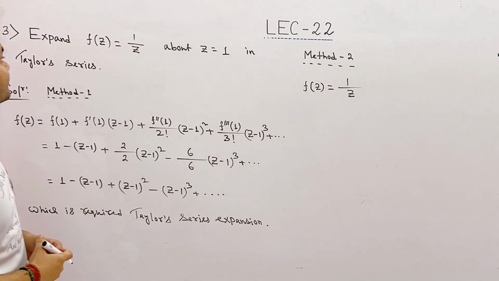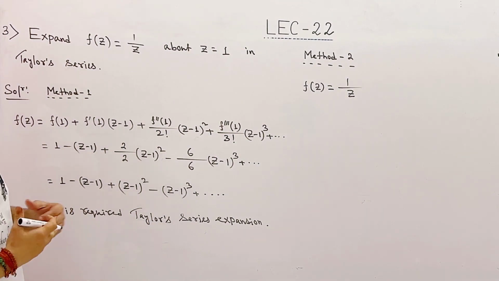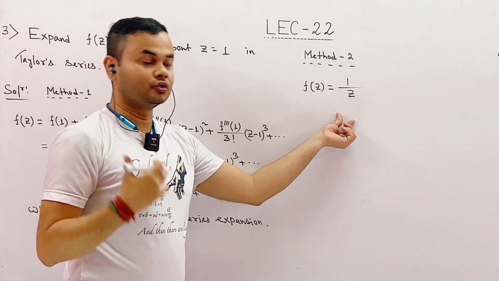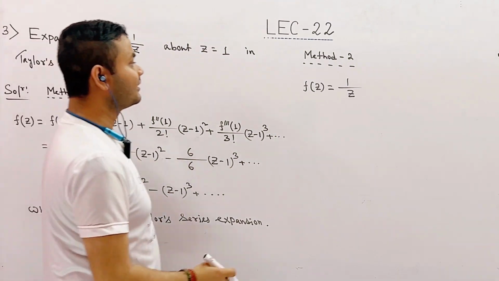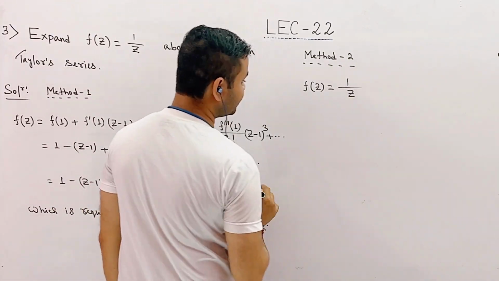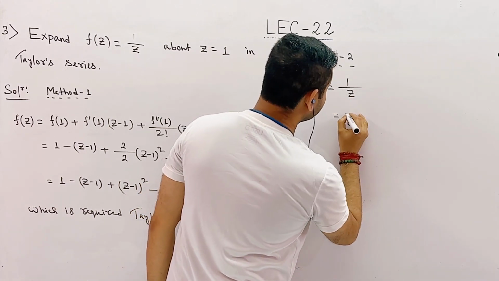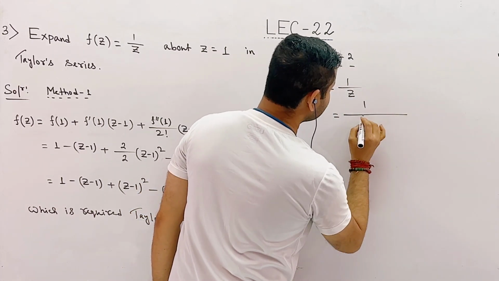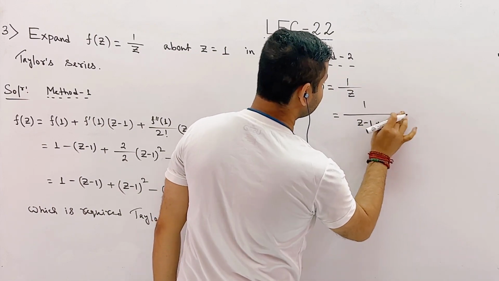Since we need to expand this function about z equal to 1, the expansion should contain the powers of z minus 1 only. So, first let us rearrange this denominator. This denominator can be written as 1 by (z minus 1) plus 1.